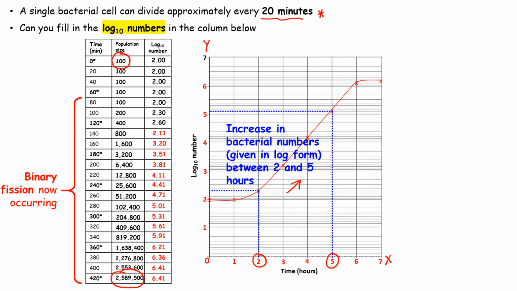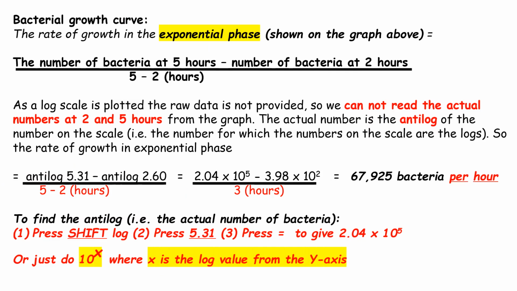So if you find out the log number, which is 2.6 here, and I think it's 5.1. So we can convert the log number back into the big population number, and then we can find the difference in population number over those 3 hours. So it's actually 5.3, sorry.